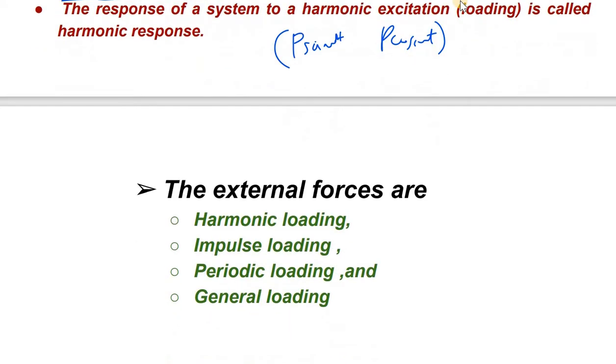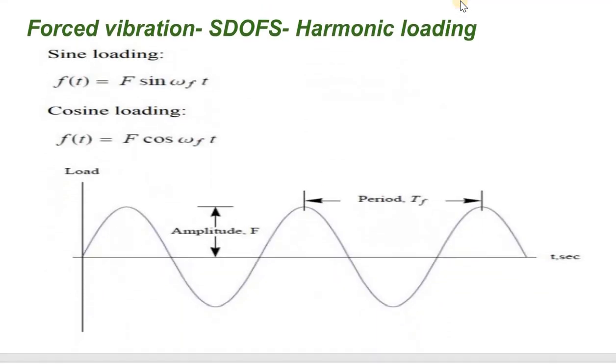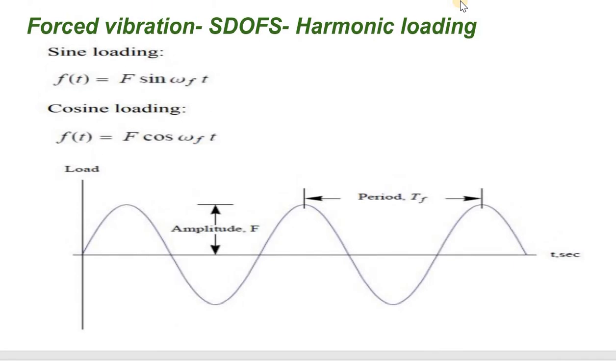So the external forces can be harmonic, impulsive, periodic, and general loading. Harmonic means it is P0 sin omega t or cos omega t loading. Impulsive means, for example, a constant load or a rectangular load. Now our main focus is harmonic loading.